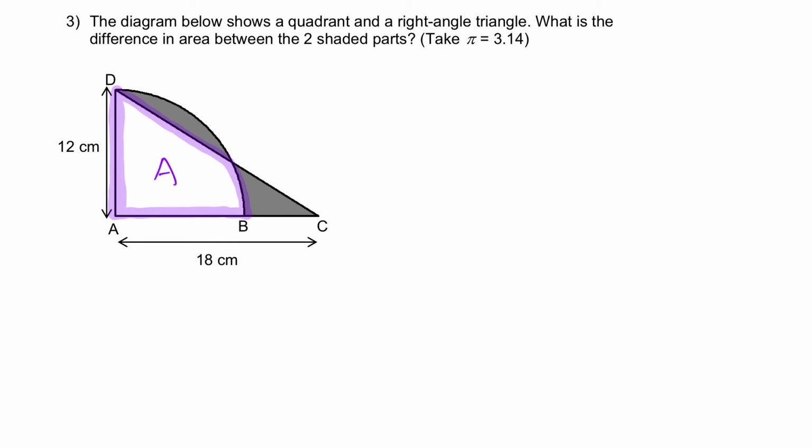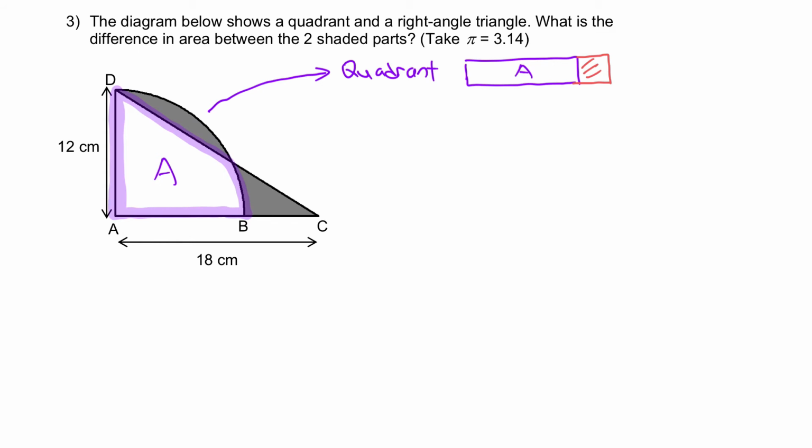Let's start with the quadrant. What is the area of the quadrant? We know that we have A over here and the shaded portion probably is this much, I'm not sure.